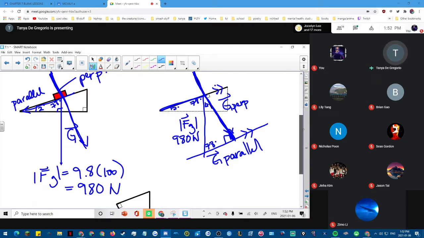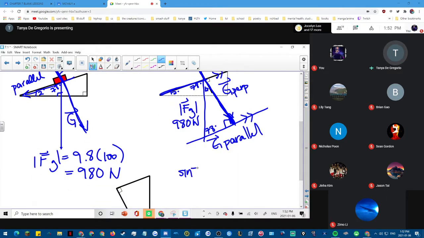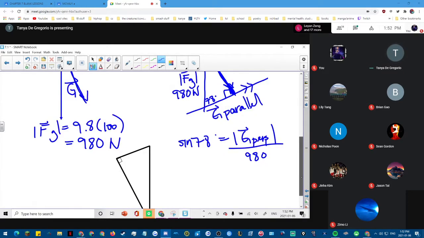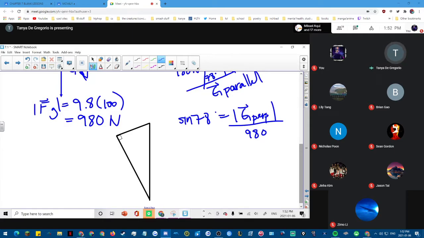So I can use sine, and I can say sine of 78 is equal to the magnitude of G perp over 980. And that's telling me that G perp is equal to, what do you get? When you cross multiply, what do you get here?